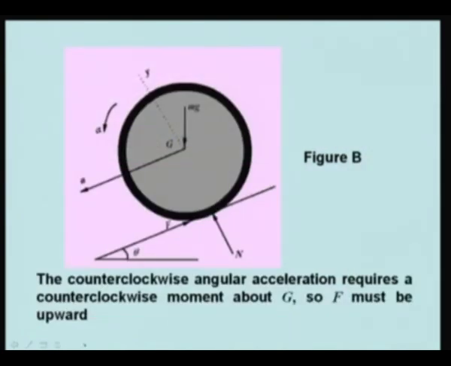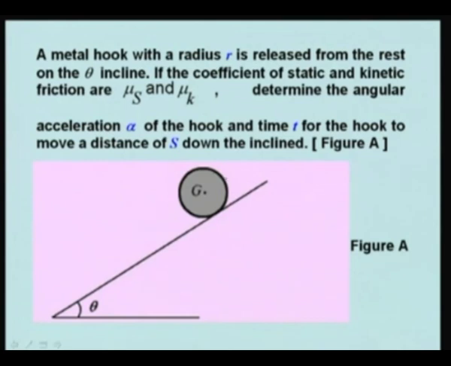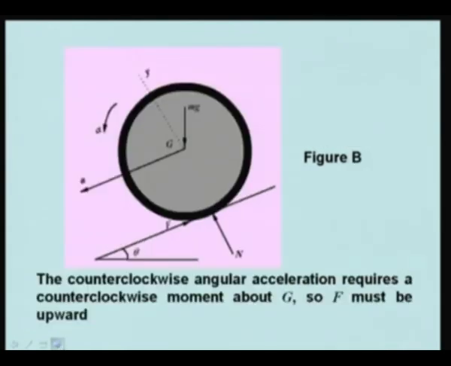Now, if it is a hoop, that is, hollow, then its moment of inertia about G is given by mass times radius squared, mr squared. We may make use of this relation. Now if we make the free body diagram of this hoop, you have a friction force F which is upward, then a normal force N, and the weight mg passing through the center of gravity, and then this is A, and this is alpha, and this will be y.